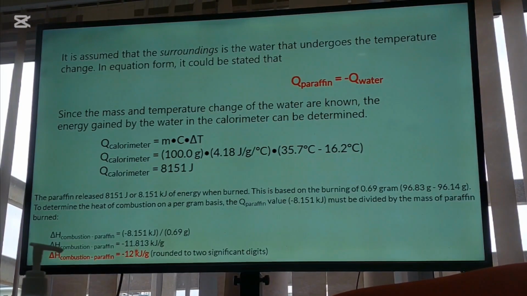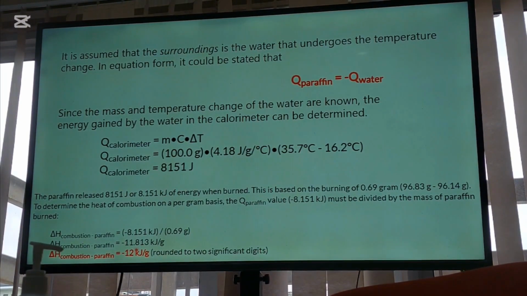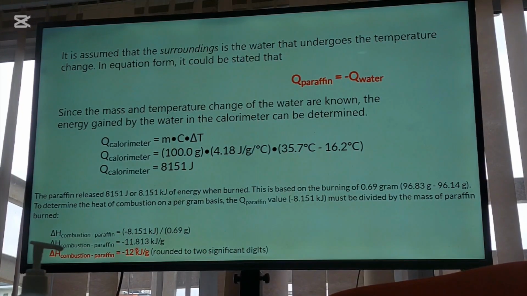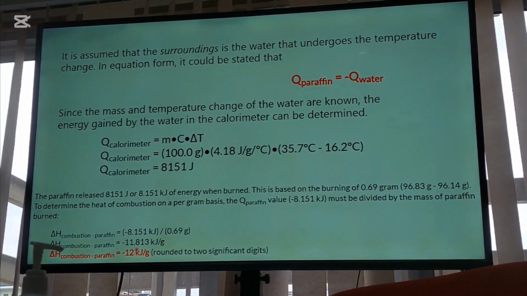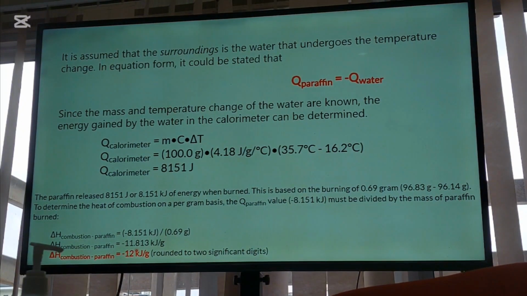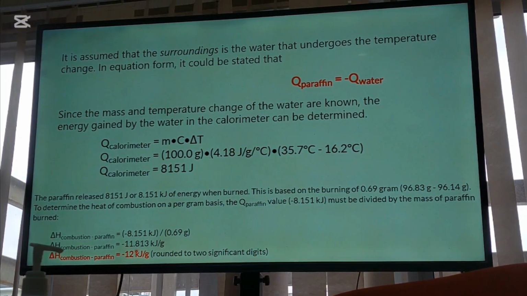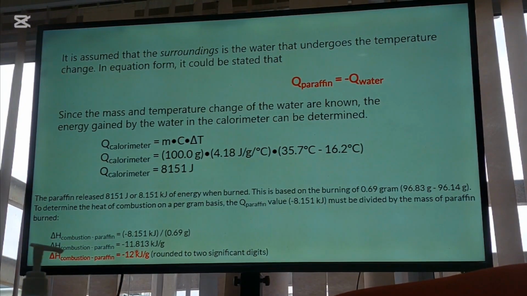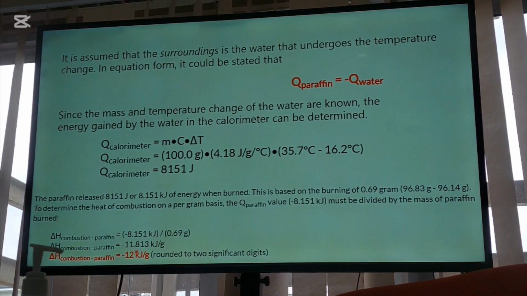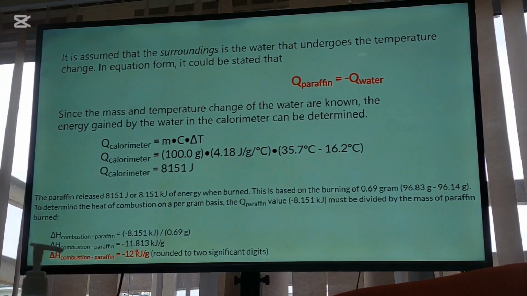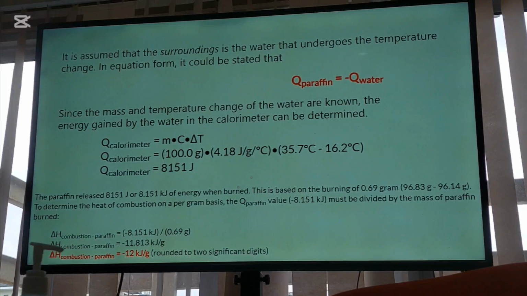I will just directly show you the answer. Q paraffin, same like the previous one. The water gains the heat from the paraffin because the final temperature is increased. So Q paraffin will be equal to minus Q water. Okay, same.